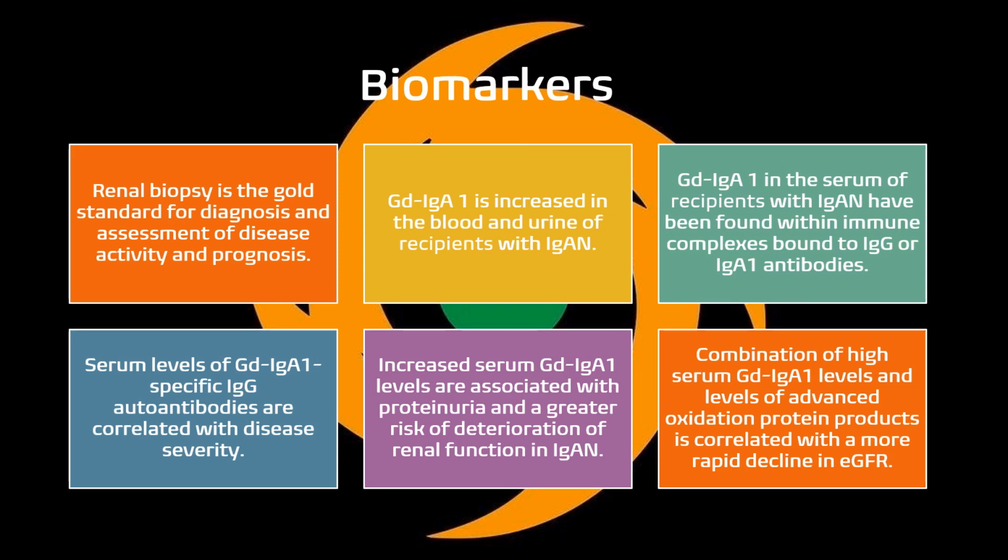A combination of high serum IgA1 levels and levels of advanced oxidation protein products is correlated with a more rapid decline in estimated glomerular filtration rate as well.